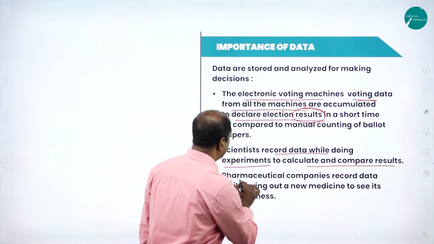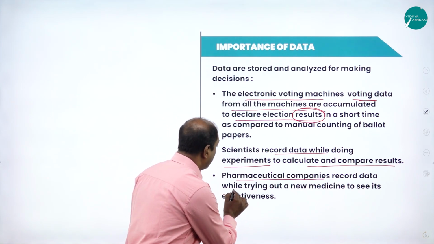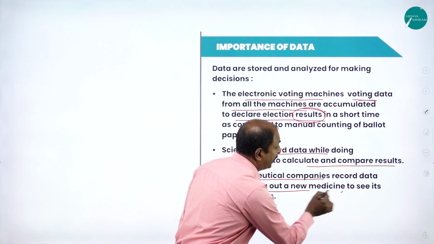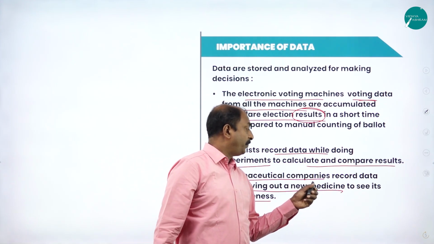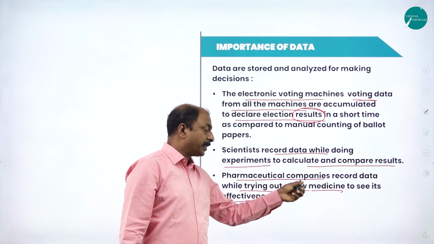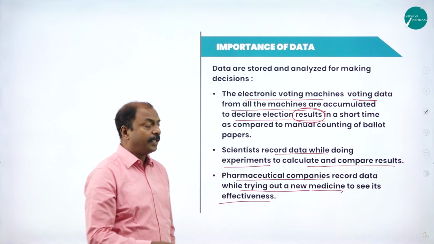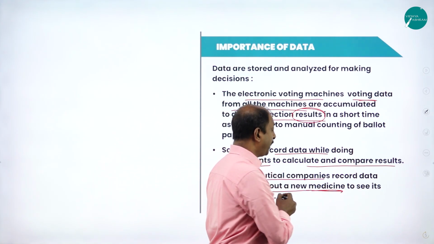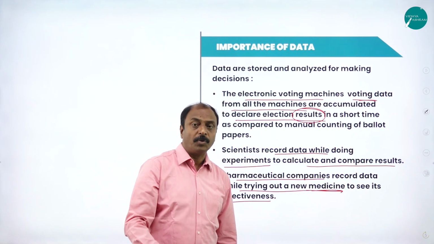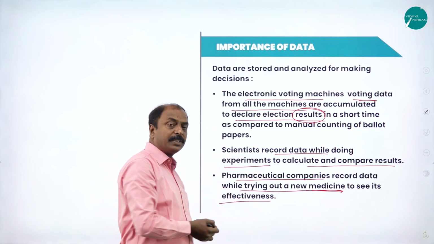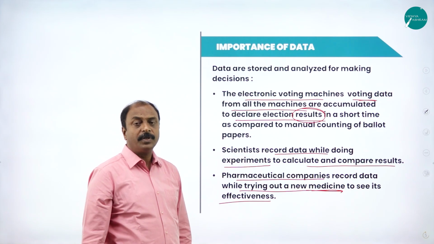And pharmaceutical companies record data while trying out new medicines to see their effectiveness. Even in the field of medicine, pharmaceutical companies record data regarding their products, results, and the performance or quality of their products. See, all these are examples and also the importance of data.